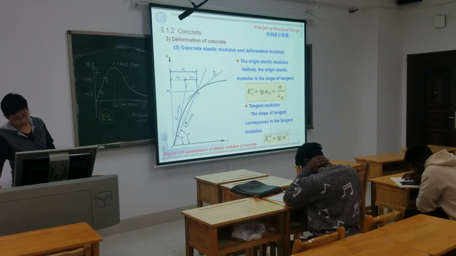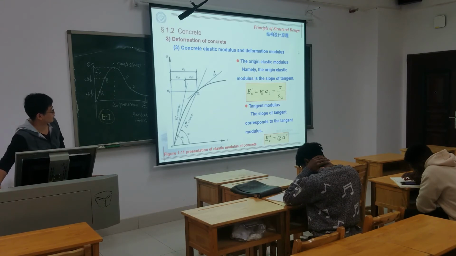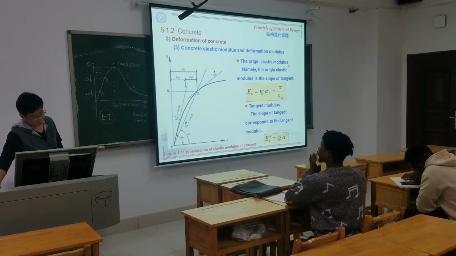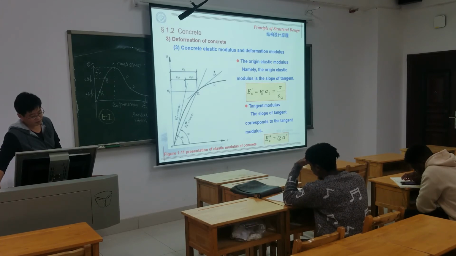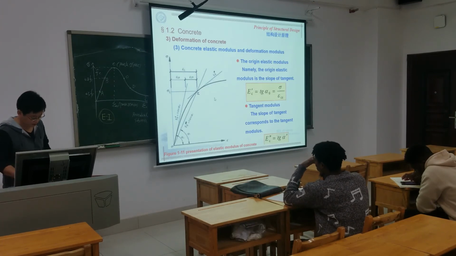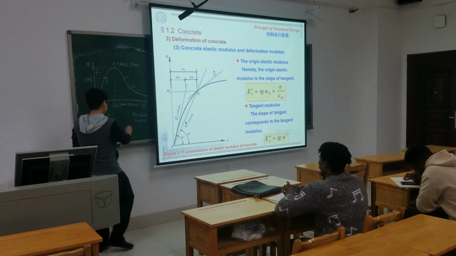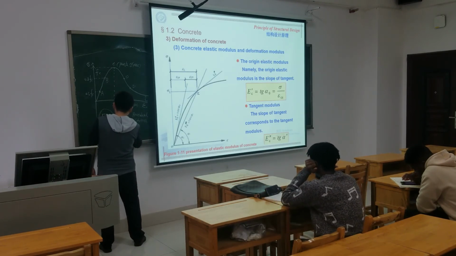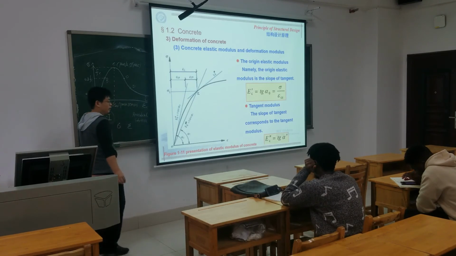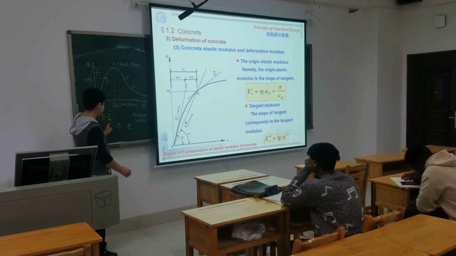In this text, we introduce 3 different types of modulus. The first one is the original elastic modulus. This one is just from the original point. So this curve, E between the stress and the strain, where is E?